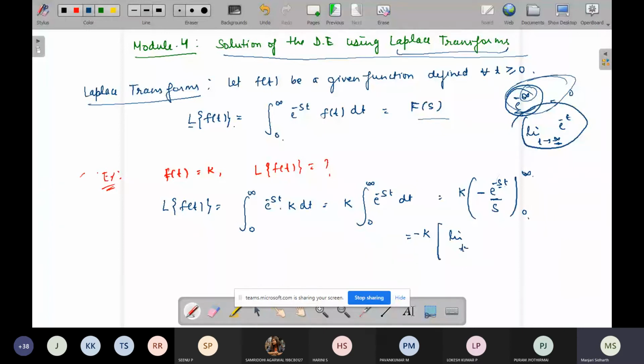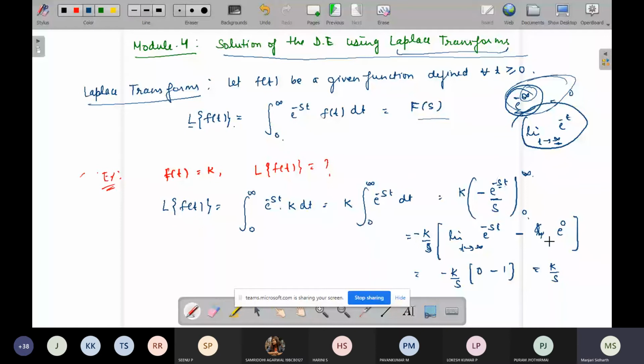So limit t tends to infinity of e^(-st), and for the lower limit you write e^(-0). The first is always 0, and the second is 1 by s also. This is 0, this is 1, that means k by s. So if I take 1 here, we simply get 1 by s.